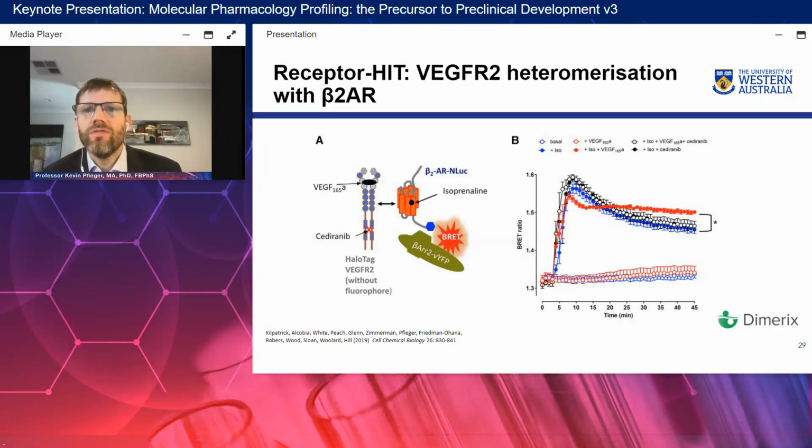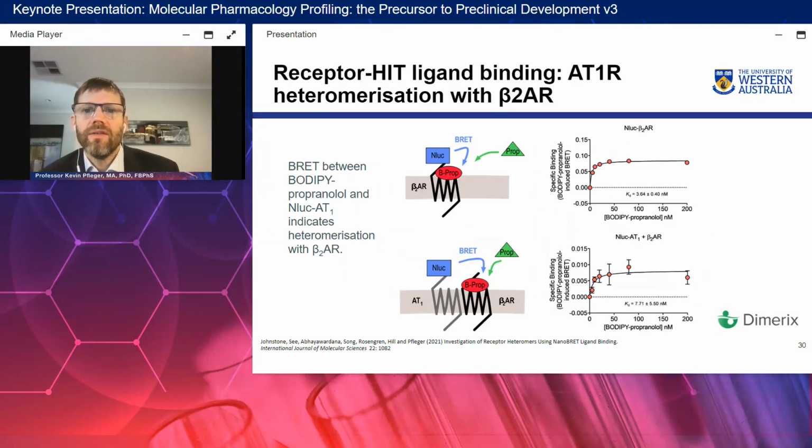And that profile is reversed if you then antagonize the VEGF165A with cediranib, restoring that profile back to what you see with the isoprenaline on its own. So you can see some really nice pharmacology if you run these experiments over time and establish the kinetics.